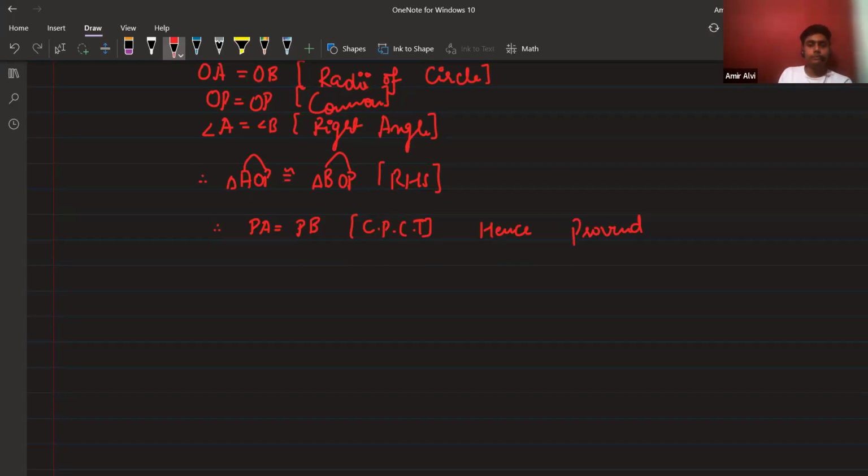Clear everybody? Any doubt? No, sir. So that's what the theorem is. This is a simple theorem, not a very long and complex theorem, just like the BPT. It's a very straightforward thing. Clear? Yes, sir.